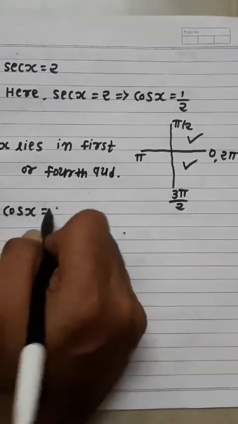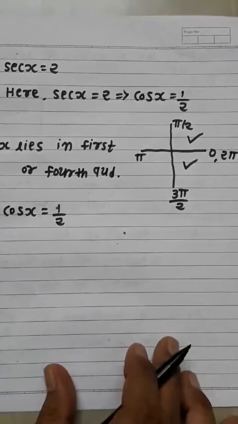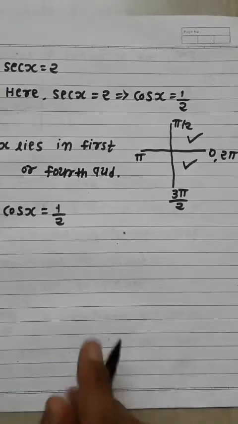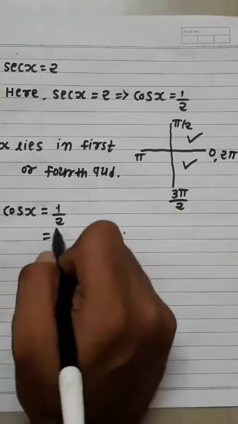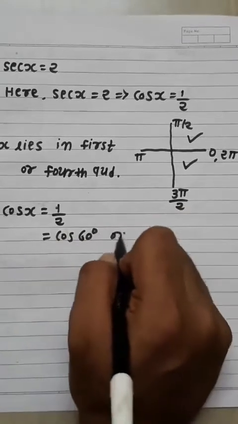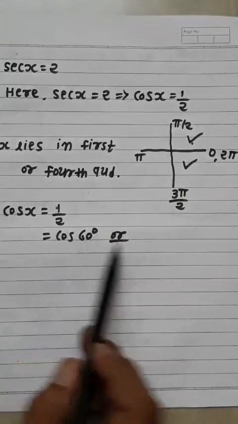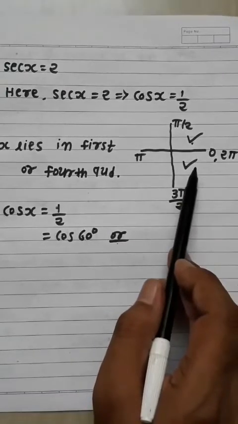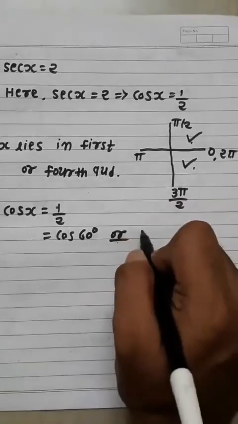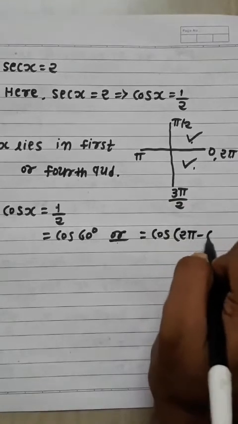Now cos x is equal to 1 by 2, and we know from the trigonometry table that in place of 1 by 2 we can write cos 60 degree. So in case of the first quadrant, we can write the direct value, but in case of the fourth quadrant, it is written as 2 pi minus 60 degree, so cos of (2 pi minus 60 degree).